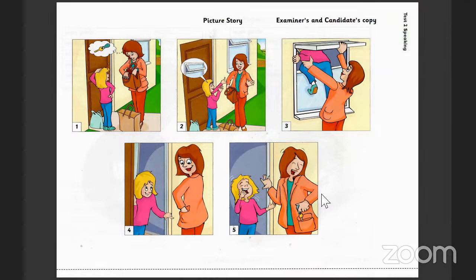The mother was searching her case for a kiss, okay.